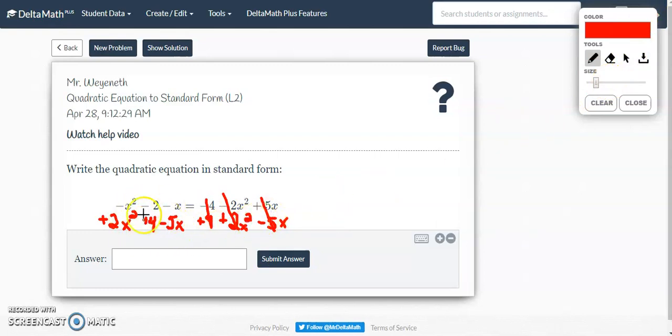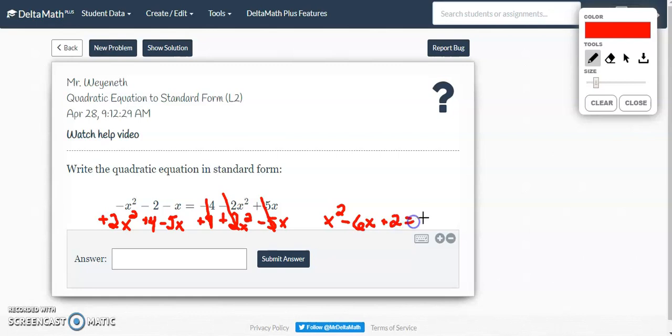The trick with this one is we want to write it in that ax squared plus bx plus c form. So 2 minus 1 is going to give me an x squared. And then what I want next is this x term, so minus 6x, and then a 4 minus 2 would be plus 2.